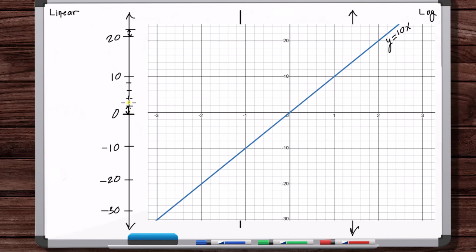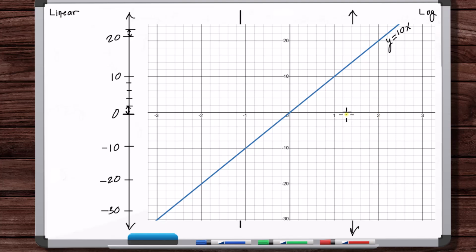So the idea is no matter where you are on the linear scale, no matter how far up in the positive direction or in the negative direction, if you go a specific distance along the linear scale, you're going to be adding or subtracting the exact same amount no matter where you are on the scale, right? If I go from here to here, that's, let's see, 1, 2, 3, 4, 5.